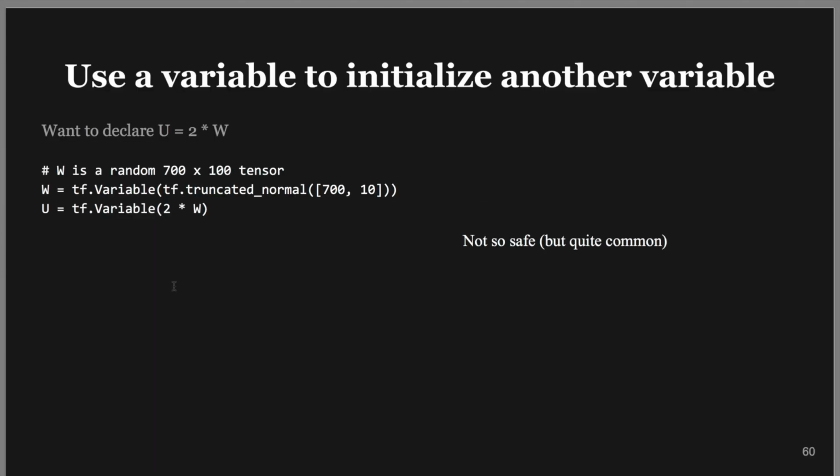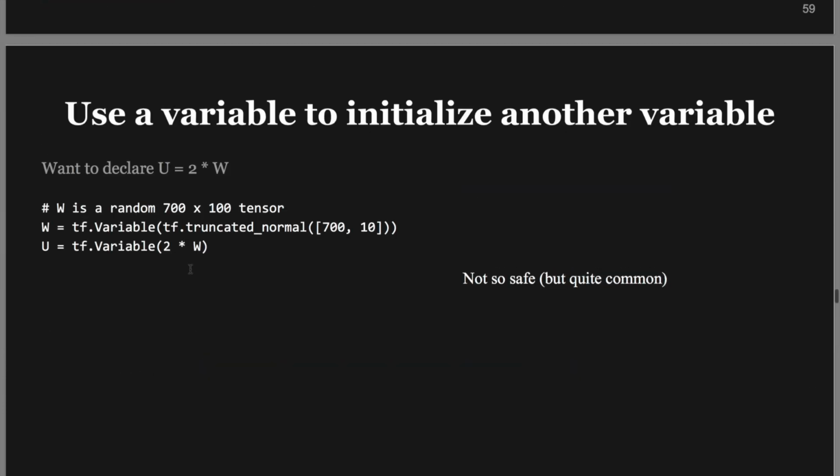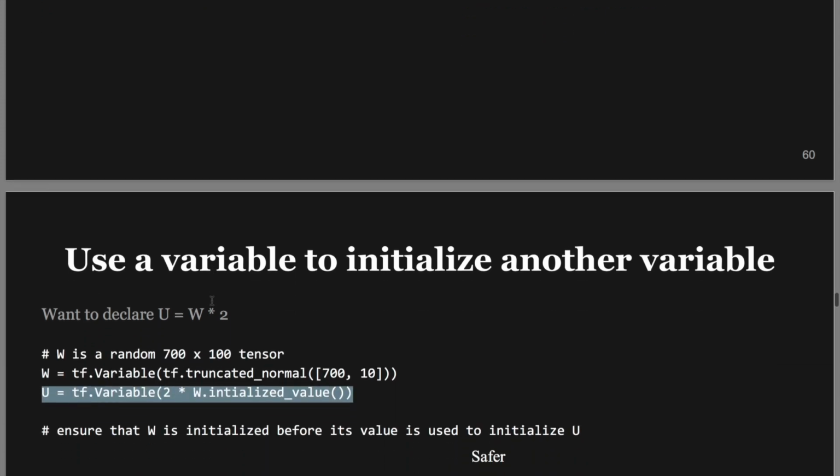Let's say we want to have a variable and declare another variable which is twice the value of the first. So W is a tf.variable truncated normal 700 by 10, and U is tf.variable 2 into W. Since both of these are variables, you will need to initialize both of them.